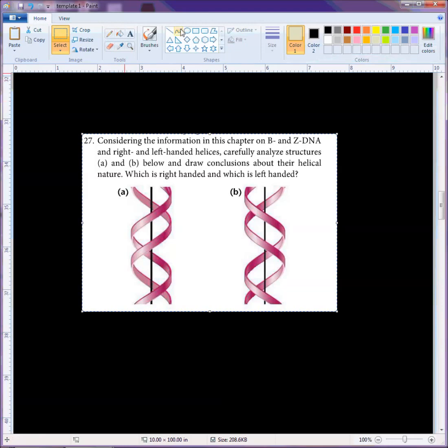So, if my hand was really small, or this double helix was really big, and I could grab this helix, what I would do is try to wrap my hand around it. So here's my hand right here. This is the palm of my hand, and I have 5 fingers, great.